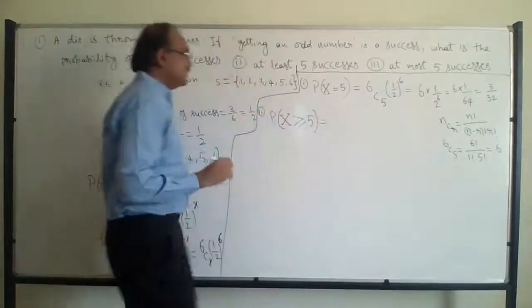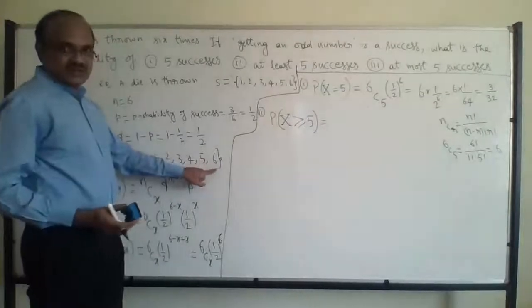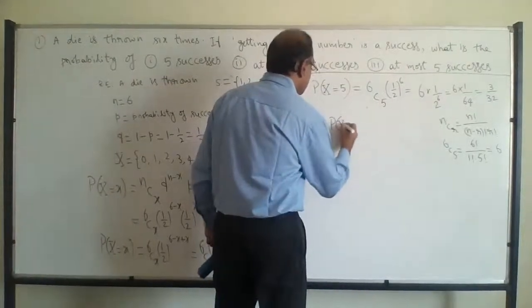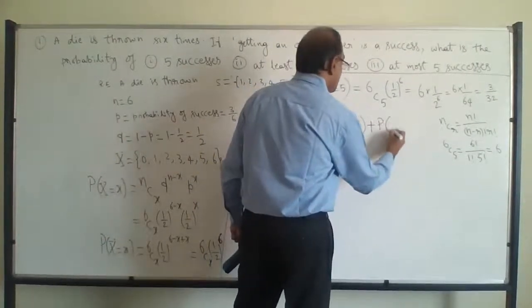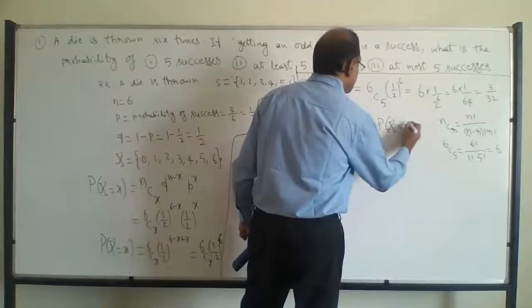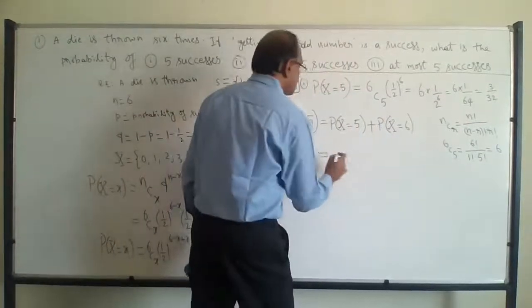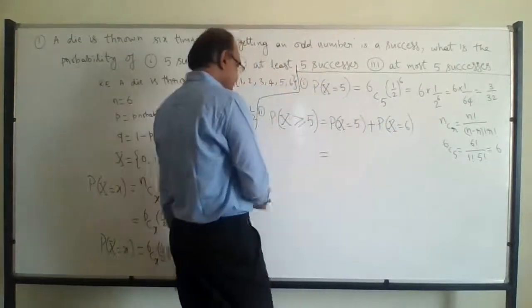Now you tell me what you will get. Greater than or equal to 5 means 5 and also 6. So you will write this like this: probability of X equals 5 plus probability of X equals 6. That's it. 5 and 6. Now, this you have already calculated. You can just take this value if you want, or simply put it once again here.